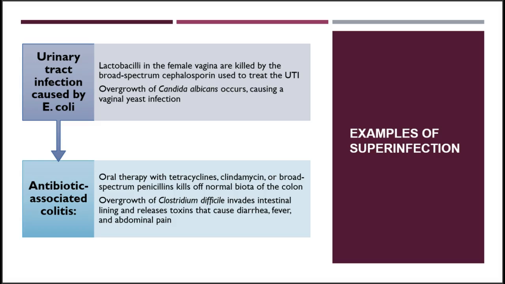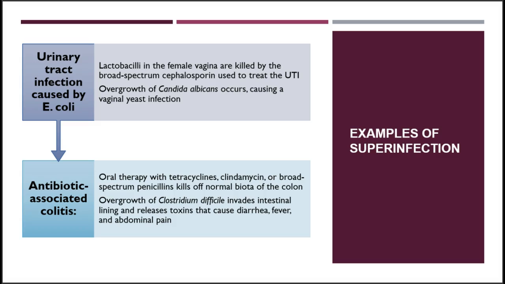So here are some examples of some superinfections. Lactobacilli in the female vagina are killed by the broad spectrum cephalosporin used to treat the UTI. Overgrowth of Candida albicans occurs, causing a vaginal yeast infection. Oral therapy with tetracyclines, clindamycin, or broad spectrum penicillins kill off normal biota of the colon.